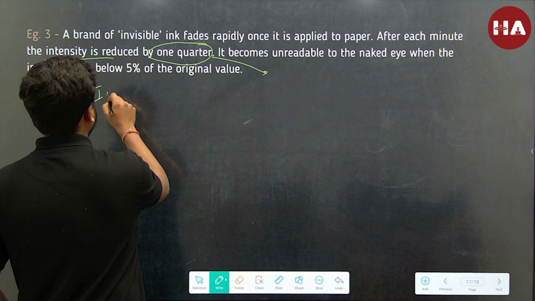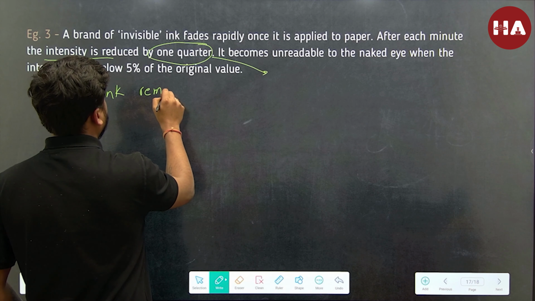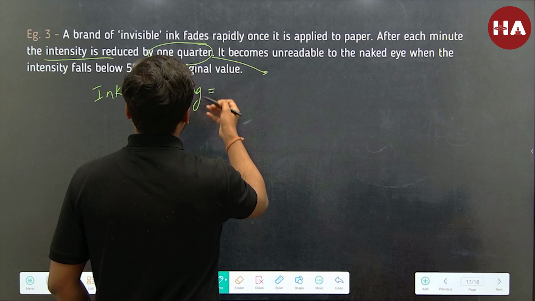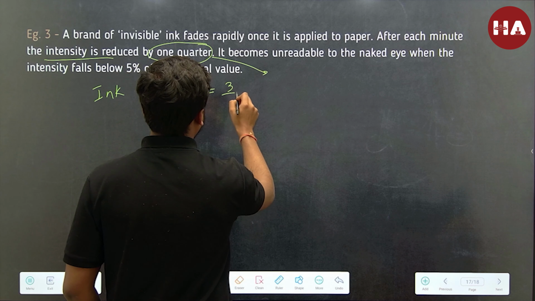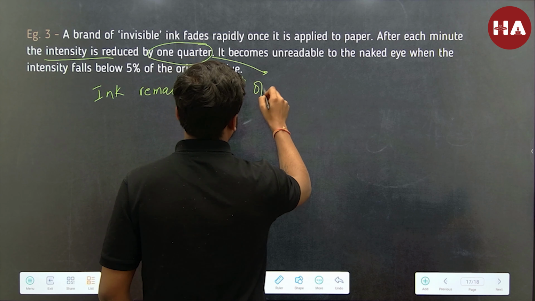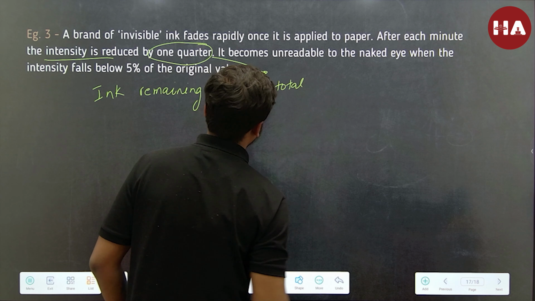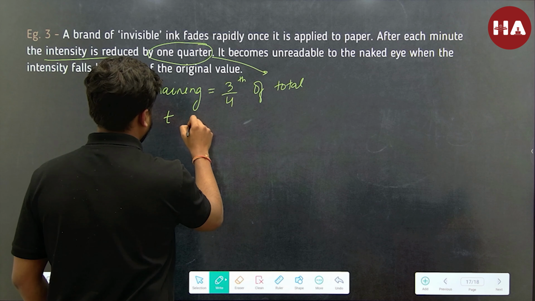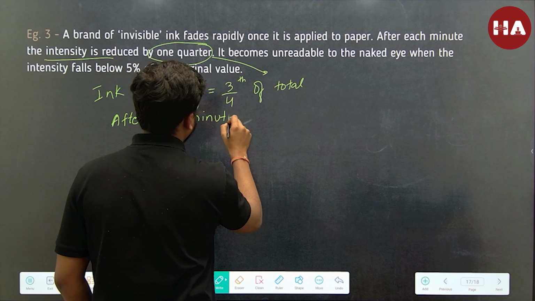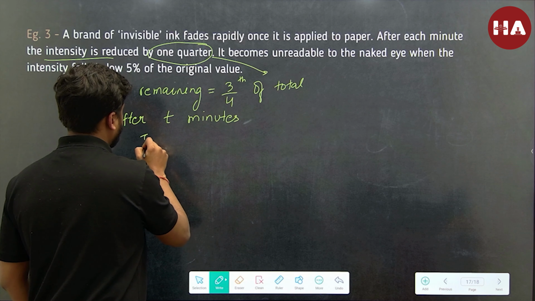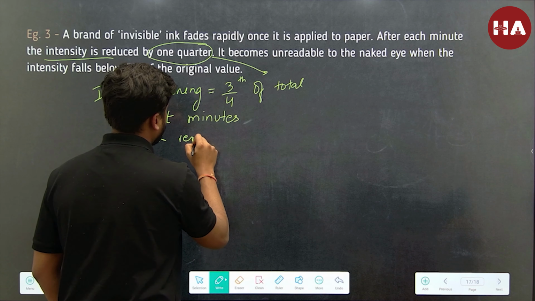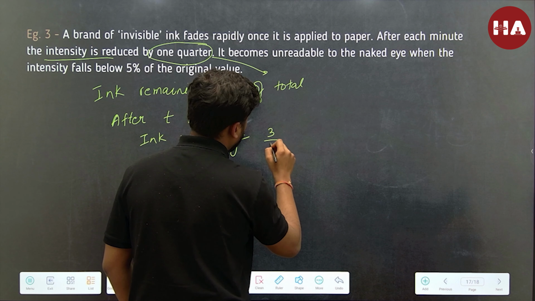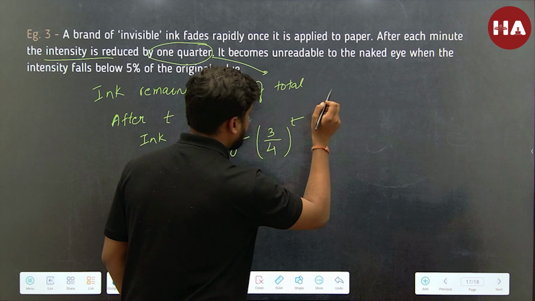I can write ink remaining is 3/4 of total, right? So after t minutes, the ink remaining will be equal to (3/4) raised to the power t.